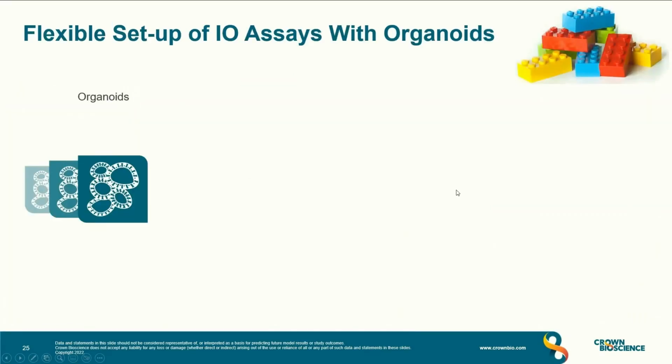And that's where I want to leave it for today. I hope I convinced you that there are already multiple flexible setups that we can use for different immuno-oncology approaches, and also to help us with studying the cancer immunity cycle, especially the suppressive part of this cycle.